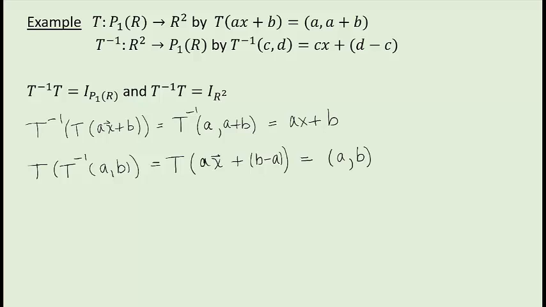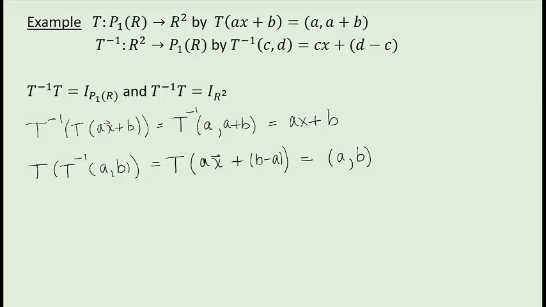It takes an ordered pair C, D, and gives X the coefficient C, and its constant is D minus C. You can figure that out by knowing what they have to undo each other.